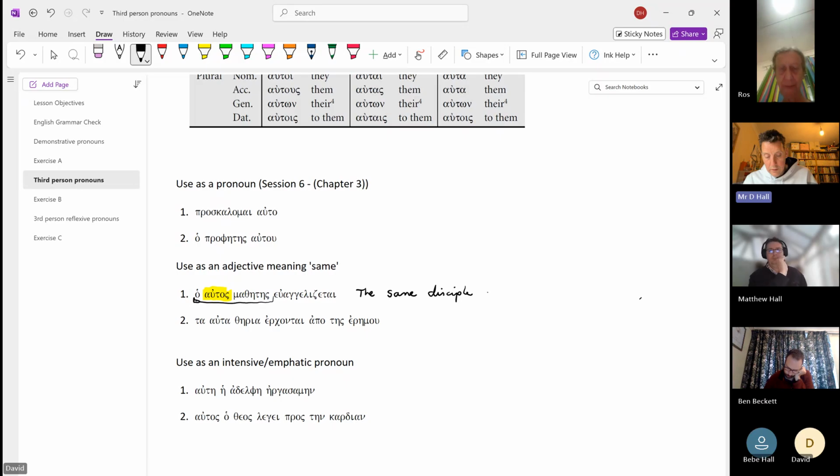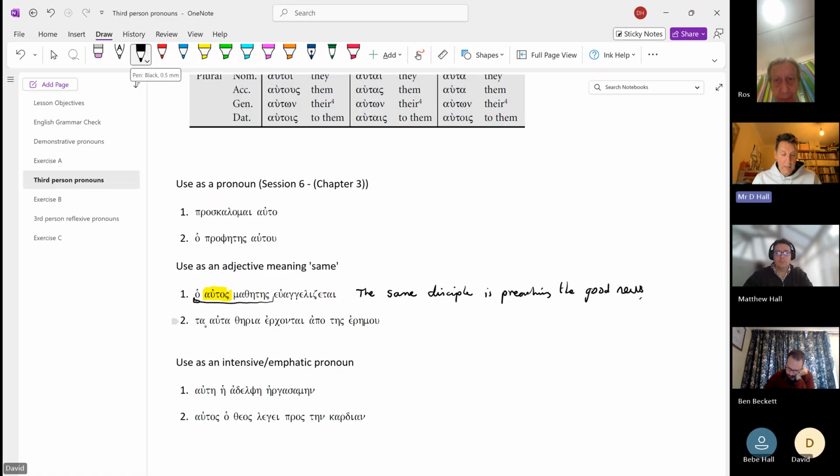It says, sorry, put is. So the same disciple is preaching the good news. Right. So what you just need to note here is that the use of the pronoun in between the noun is going to mean the same.